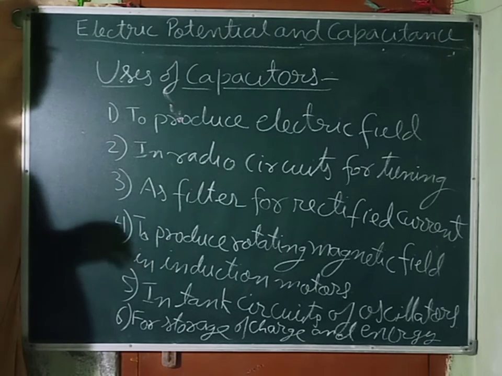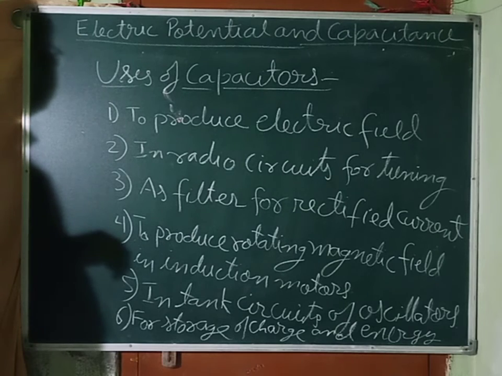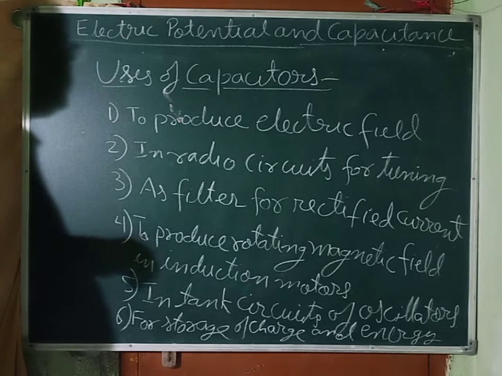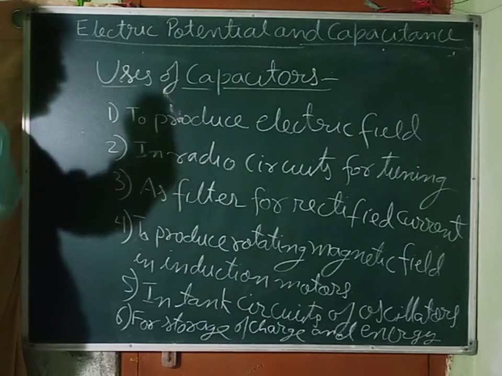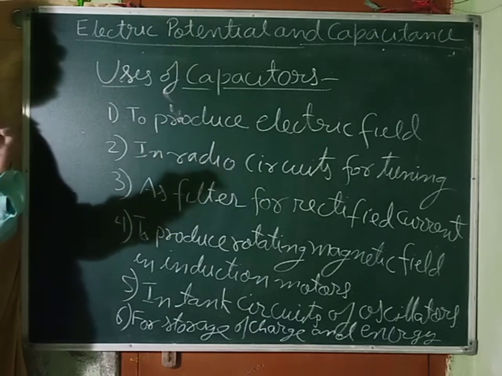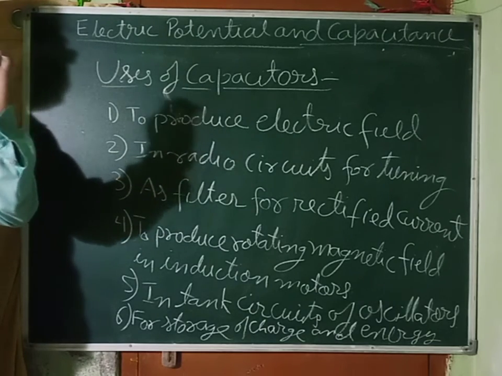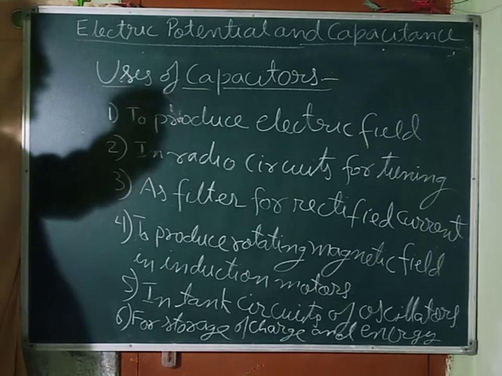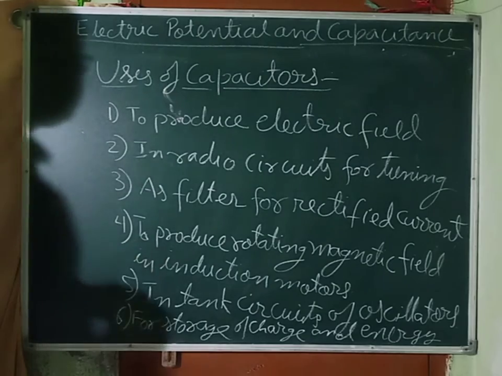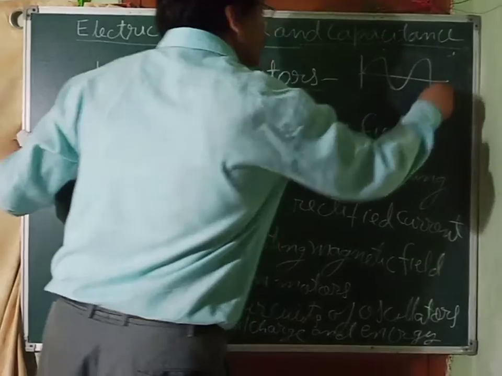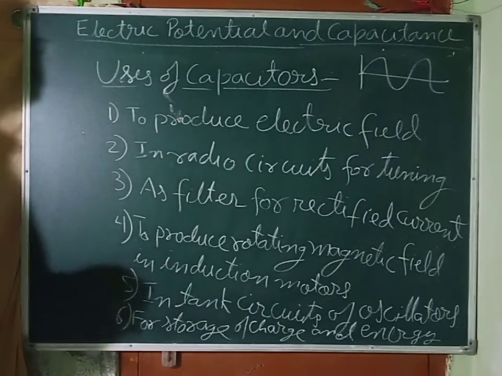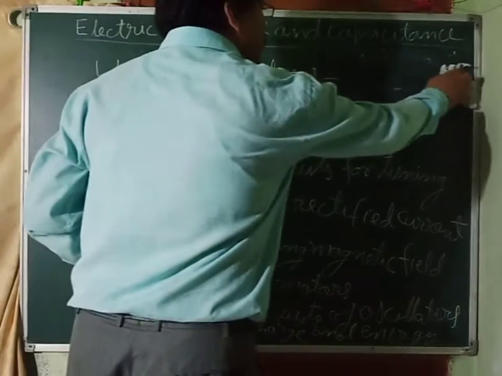Now the third one is as filter for rectified current. Now what is this rectified current? You are very well aware of AC, because AC keeps on changing its magnitude as well as direction, like a sine function. Sine function you know very well. Sine function is like this, no? And when we pass it through a rectifier, then do you know what happens?